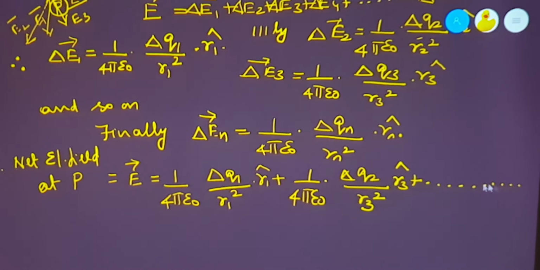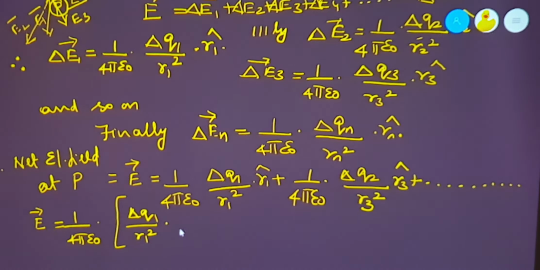It is not necessary to write each and every term. I can simplify this. How? See, the net electrical field E vector is equal to 1 by 4 pi epsilon 0, which is available in each and every term. So I am taking it as a common factor, 1 by 4 pi epsilon 0 into the remaining terms: delta Q1 divided by R1 square into R1 cap, plus the second term delta Q2 divided by R2 square into R2 cap.